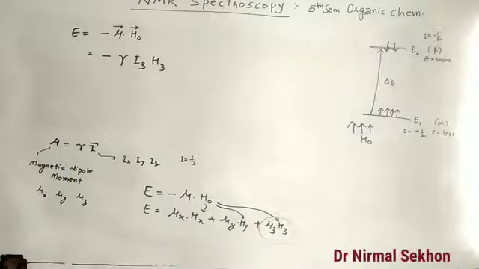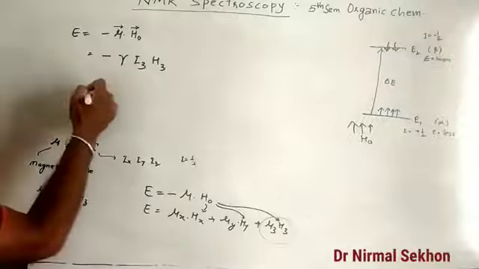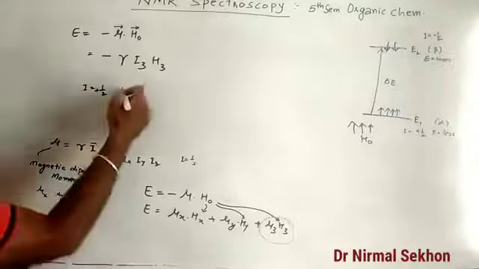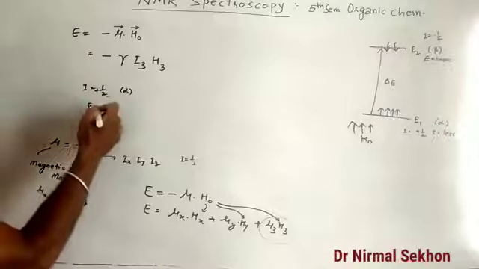This is when we apply the external magnetic field along the z-axis. Now we can understand from this that if I is plus half, that is for alpha, then the energy will be negative.